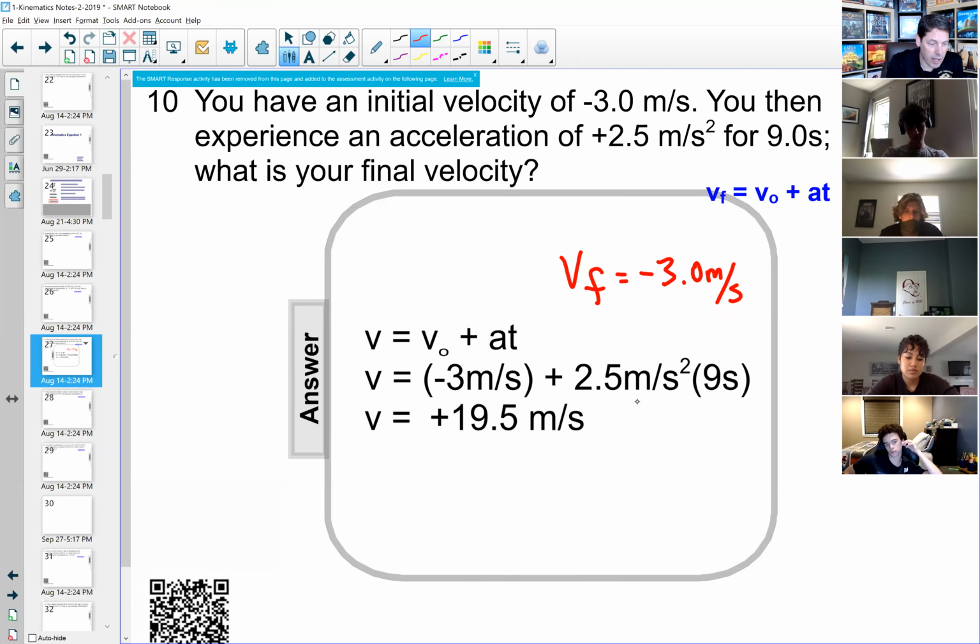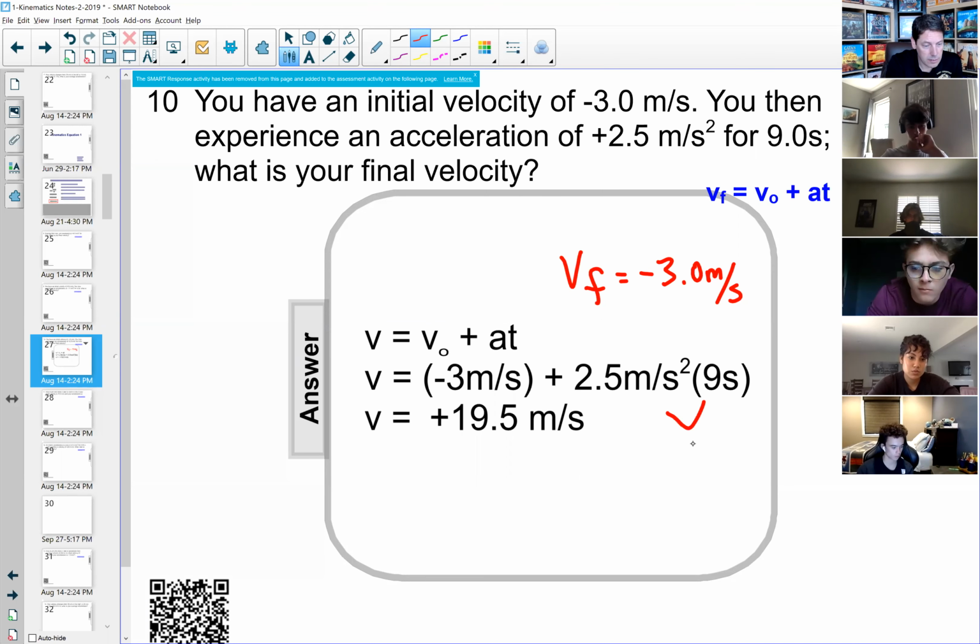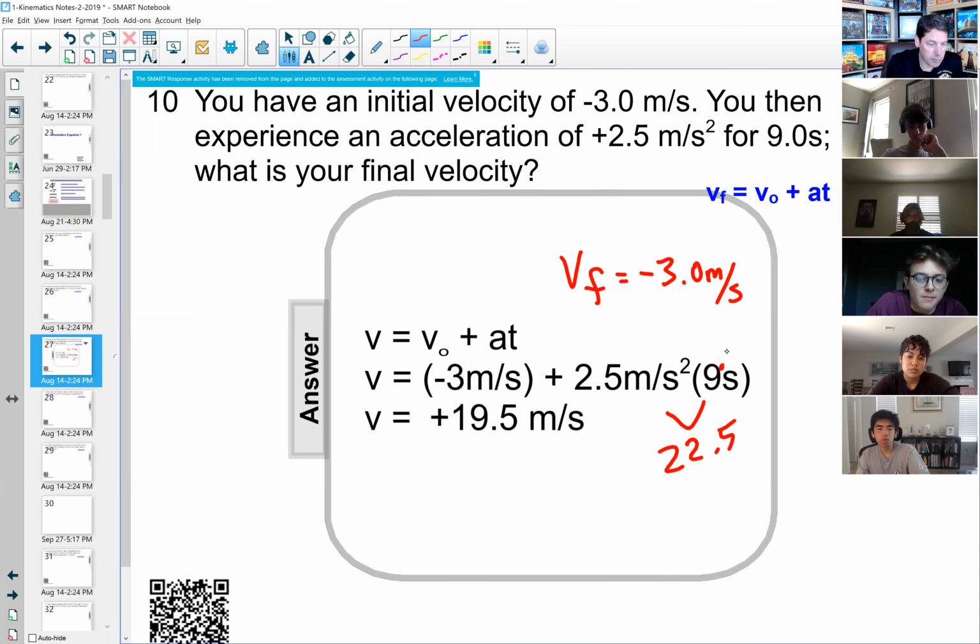For 2.5, what's 2.5 times 9? 22.5. Yeah, 22.5. But this 9 was really 9.0, right, up here? So if that has 2 sig figs and that has 2 sig figs, what do I need to round this to show 2 sig figs?